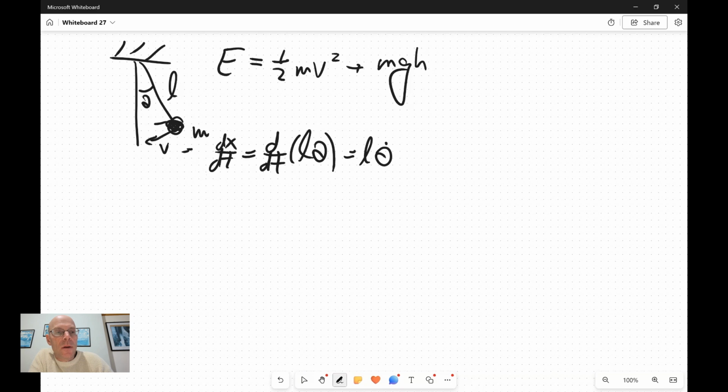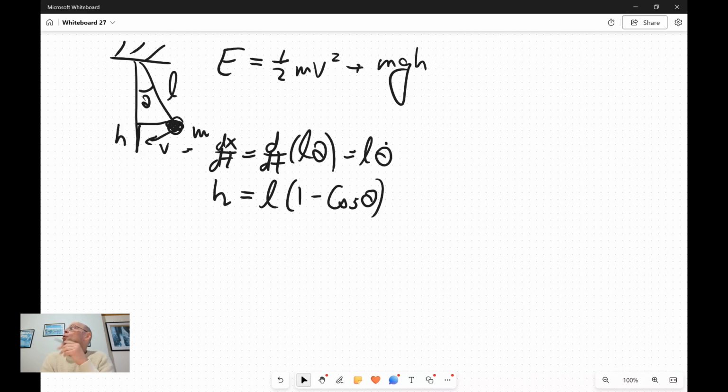The relevant height h is L times 1 minus cosine theta, which can also be written as L times 2 times sine square theta over 2.